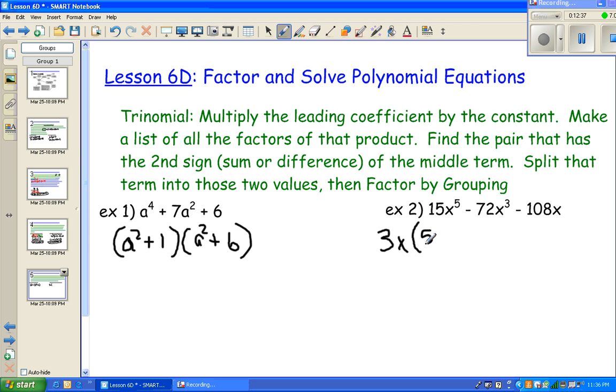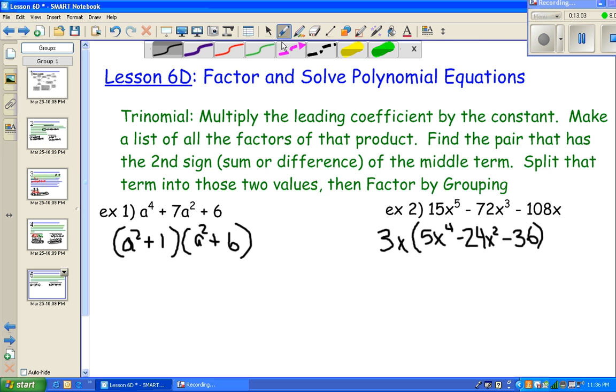So then I have 5x to the 4th minus 24x squared minus 36. So then you want to, this has a leading coefficient, so we're going to multiply the 5 and the 36 together. That gives us 180.